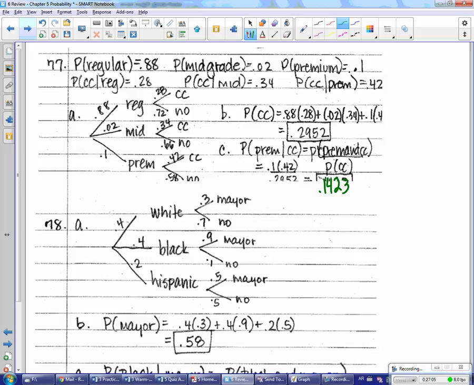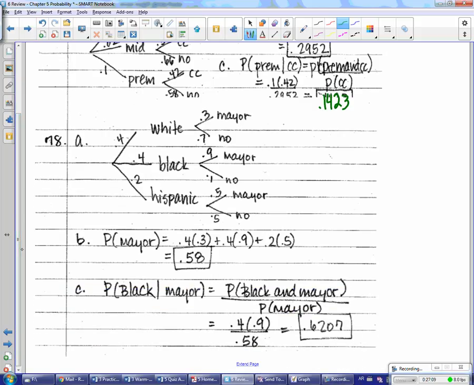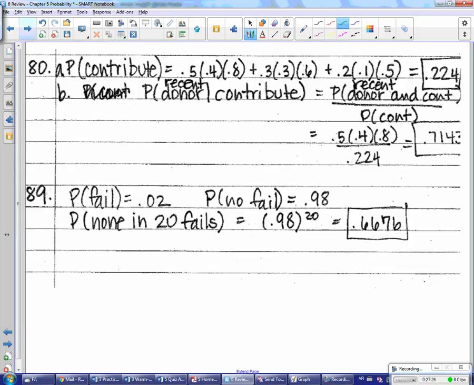And 78, again, set it up with a tree diagram. And then problems 80 and 89.